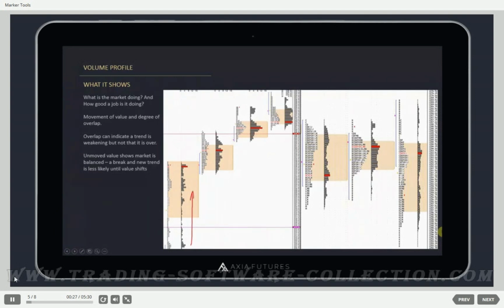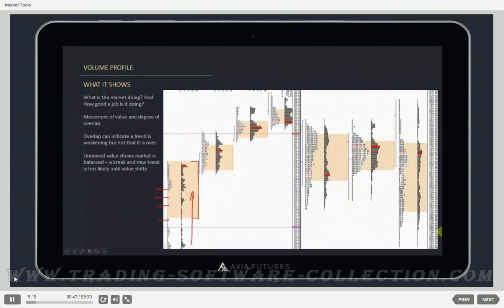This is the S&P. We've got multiple single prints just here. Now, what that indicates is that longer term participants have come into the market, initiative buying has driven the market higher. We've also seen value has shifted right up with the move as well.